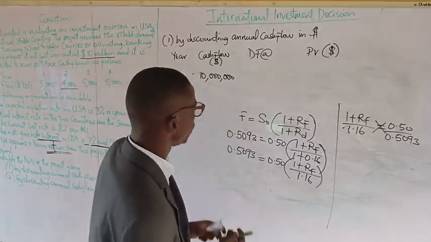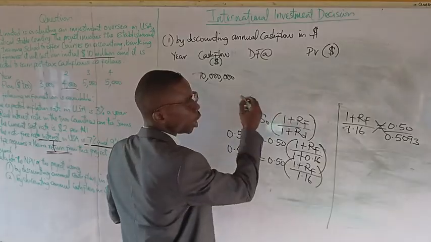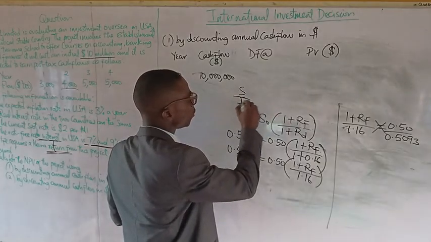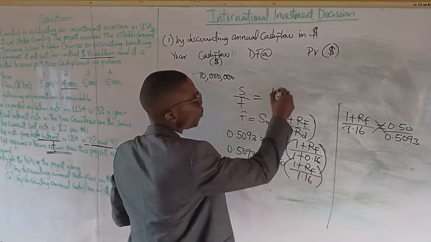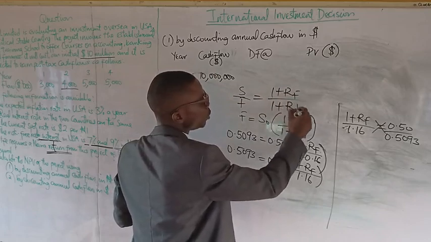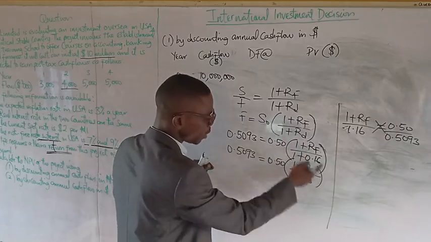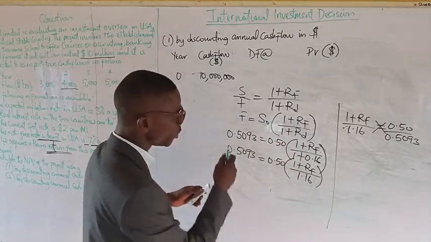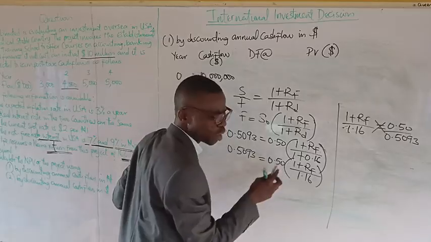What I'm saying is that you can interpret this formula to be spot rate over forward rate times 1 plus RF over 1 plus RD. That way, instead of opening brackets and typing all these things, it will not take time.